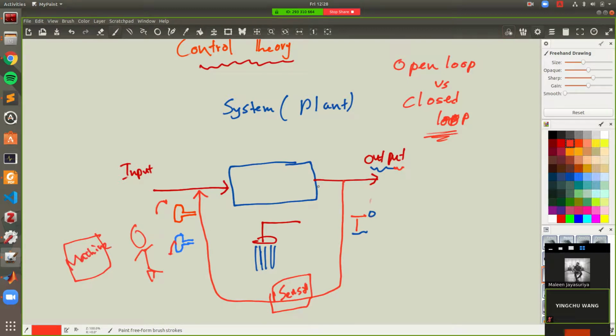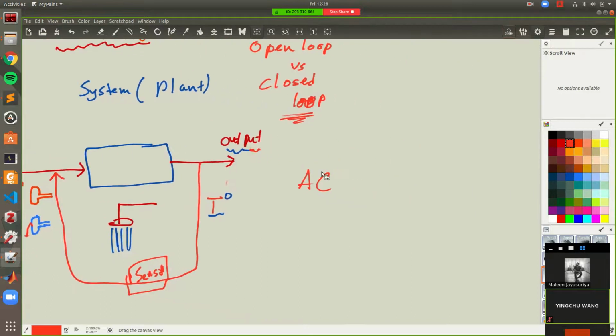A simple control system like this is your AC, your air conditioning. The air conditioning is an example of an automatic control system. You have your air conditioner, and you set the temperature you want.